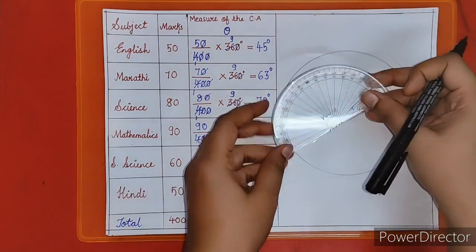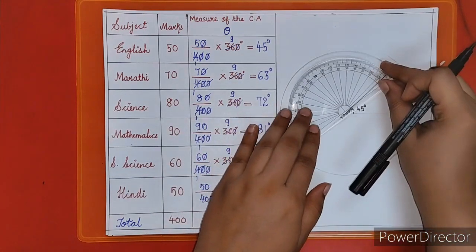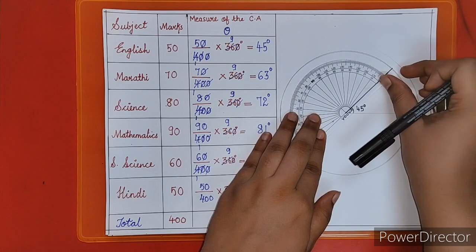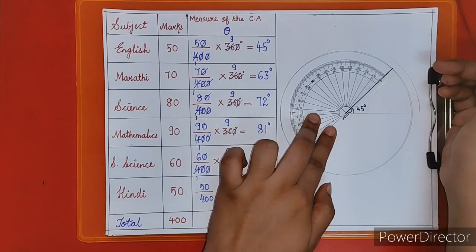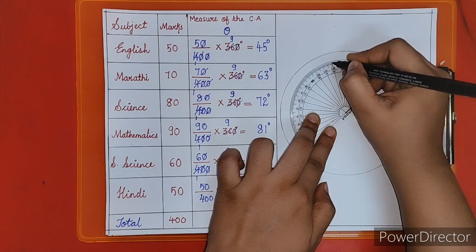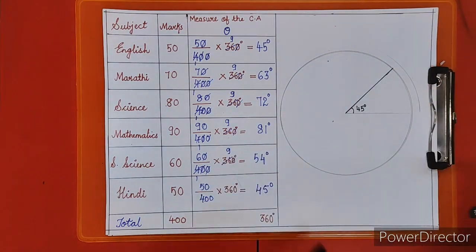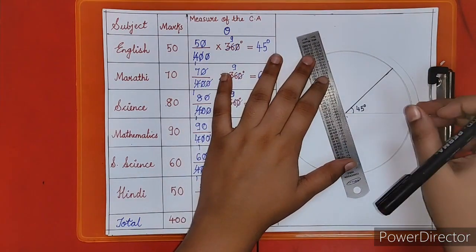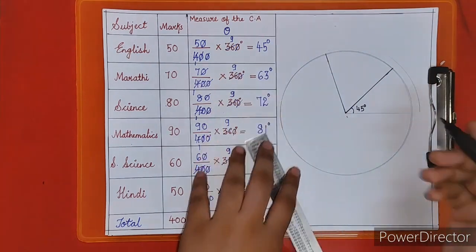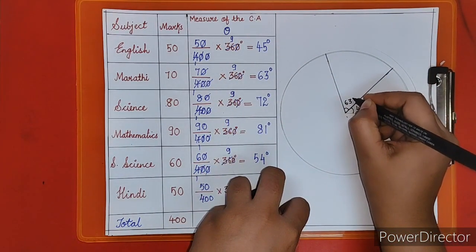The second angle is 63 degree. Now this turns to be your radius, as I have explained. Place your protractor properly and mark 63 degree. Again it is an acute angle, 60, 61, 62, and this will be your 63. So join the line and make an accurate sector and write your angle 63 degree.